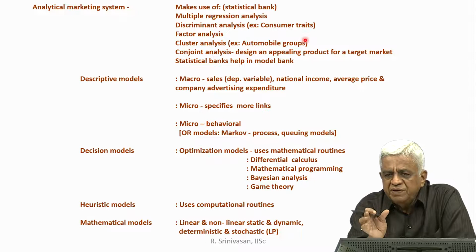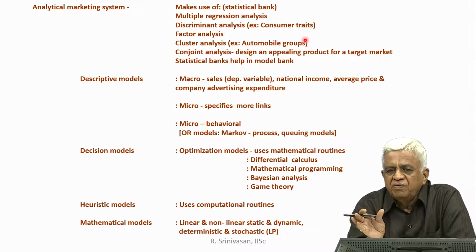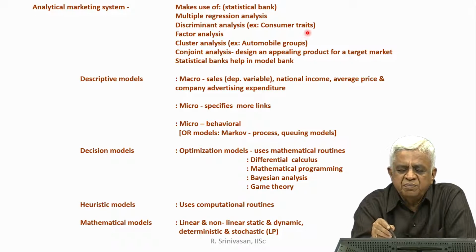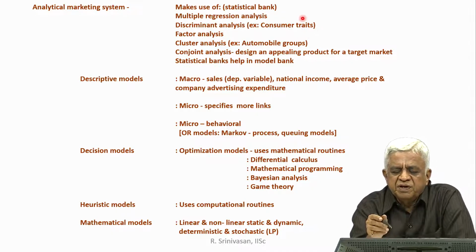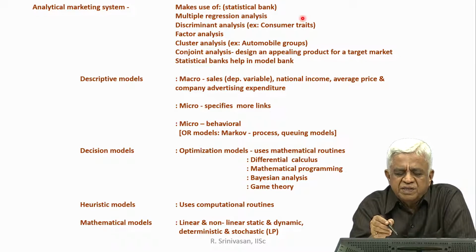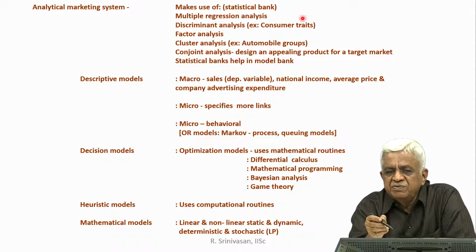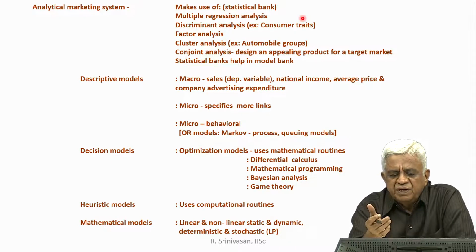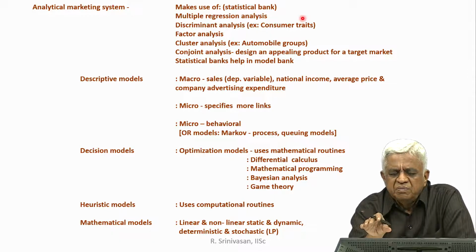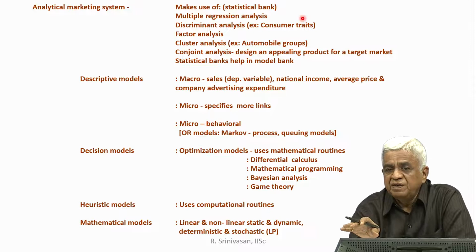So, the traits of the consumer for different products, some of the products may be luxury products, some of the products may be essential products. These different traits are really captured using discriminant analysis, which also makes use of multiple regression incidentally.